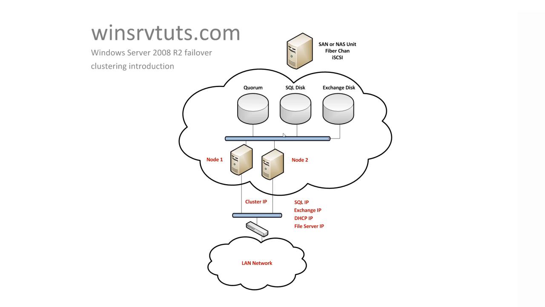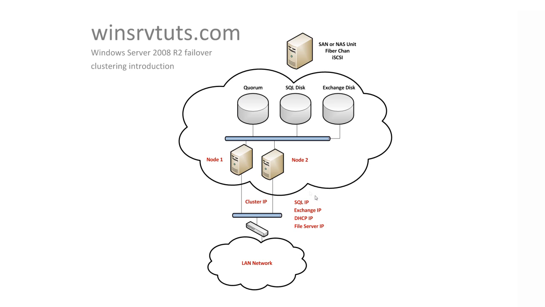So essentially, we're talking about a logical grouping of shared resources. One of those shared resources, like we mentioned previously, is the quorum. You would have your SQL disk, and strangely enough, the specific term for it is called a shared resource. A shared resource in Microsoft technology refers to a shared disk that only one of your nodes can access at a time.